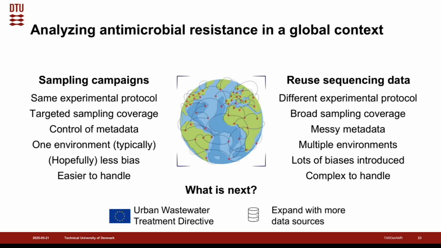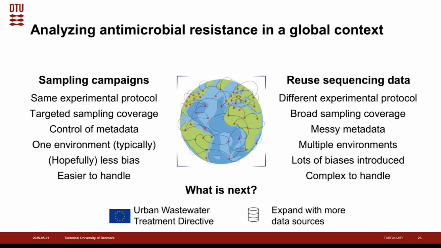For example, I know this is for a UK consortium, but wastewater has gained a lot of attention. Again, it was also shown a long time ago. We have, for example, the Urban Wastewater Treatment Directive from the EU, which is mandating all member states to start collecting sewage and to monitor, among other things, some global resistance in there.